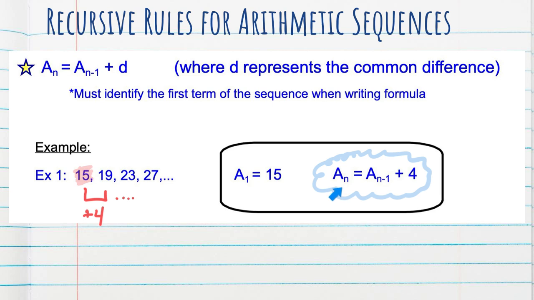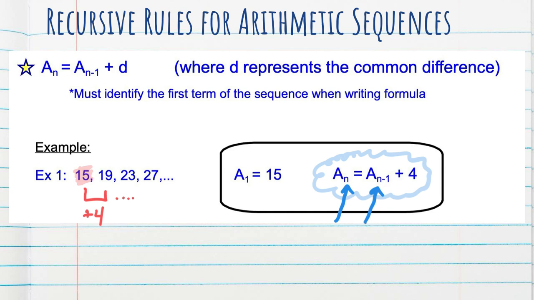So how you would translate this is to find any given term in this sequence, you add 4 to the previous one. If you're having trouble seeing that relationship between like, hey, what does a sub n minus 1 represent? I'll draw little arrows here. The relationship between that and this is just, depending on the direction you're looking at it, like previous versus next. The one before it versus the one after it.